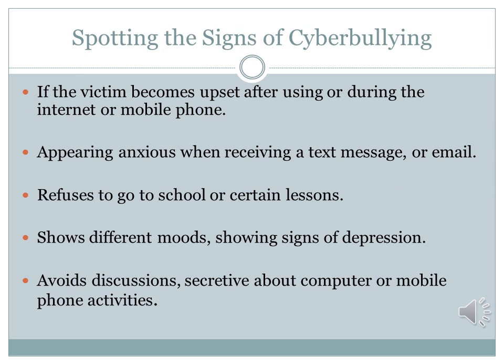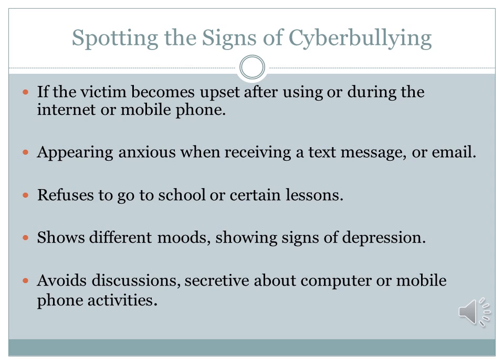Okay, so firstly, this is something that we didn't cover in the first session. To prevent bullying, we need to firstly spot the signs of cyberbullying. Some of the signs are that the victim becomes upset after using or during the internet or mobile phone, which could be a sign of bullying.